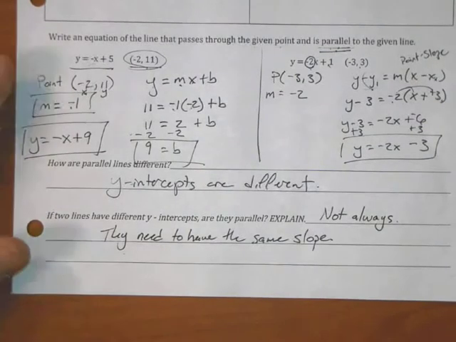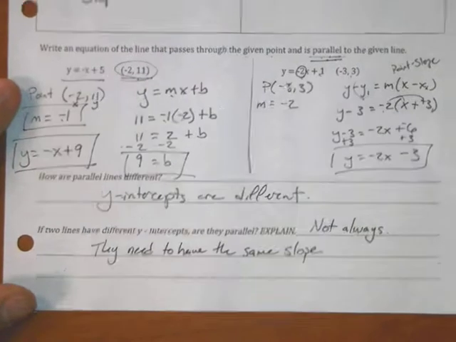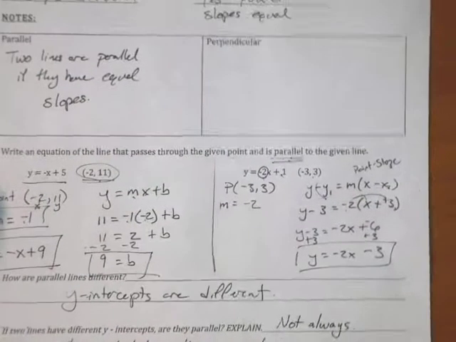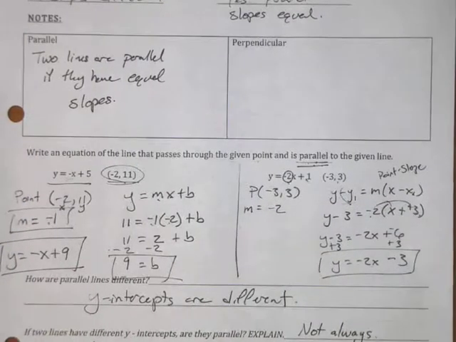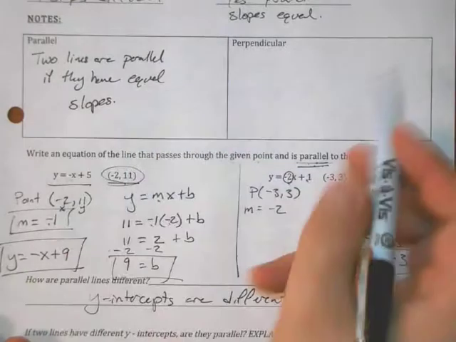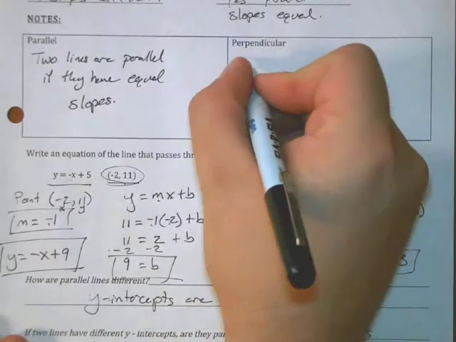Okay, before we move on to the back side, let's jot down the relationship of perpendicular lines. Okay, so perpendicular lines. We said parallel lines have equal slopes. Perpendicular have the following relationship.